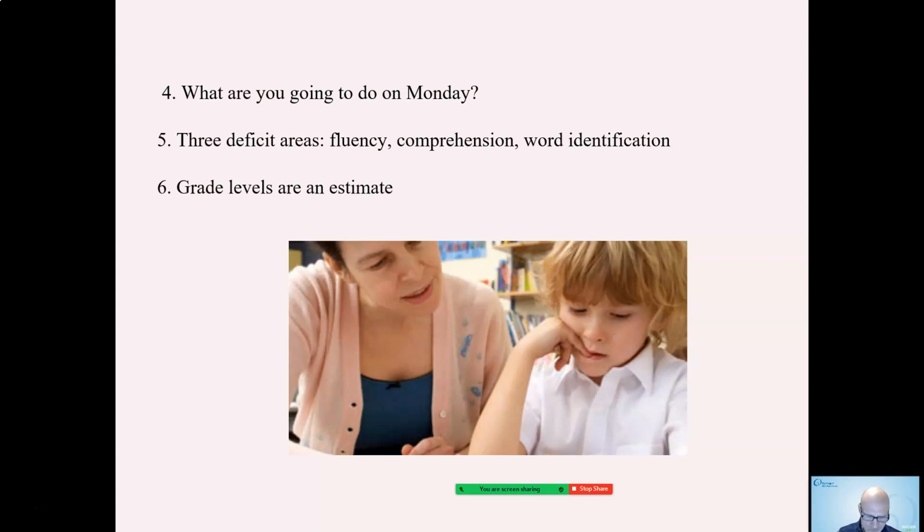Now, the thing about when we are finding grade levels, so-and-so is reading at this grade level. Grade levels are always an estimate. One's ability to read, to comprehend, to understand is influenced by their knowledge of the topic, the words used, the sentence structure, the grammar. These impact comprehension. If I know a lot about something, I can read it with a great deal of comprehension.